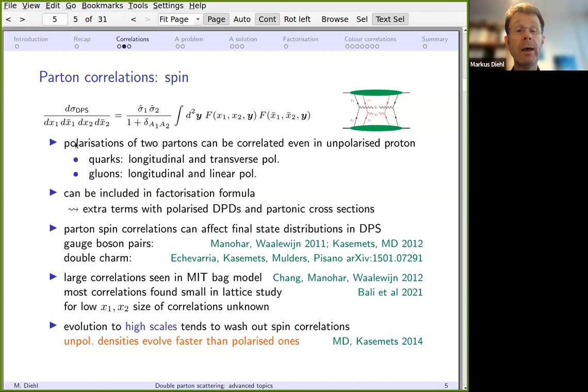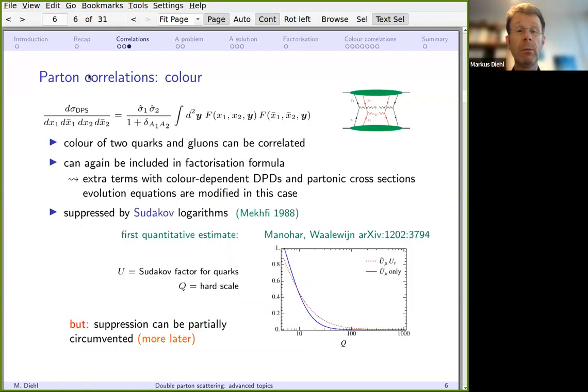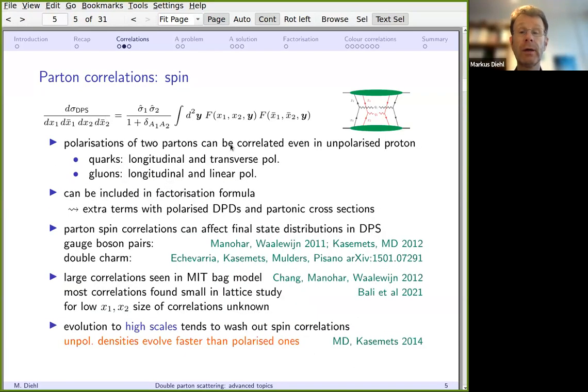Yes, so I can rewrite the statement of longitudinal and linear polarization for the gluons in terms of helicities. Then longitudinal means you have the same helicities on the two parton operators, or the two parton legs, and you look for the difference of both helicities being positive or both being negative. And the linear polarization corresponds to the helicity flip, where you would have a positive helicity here and a negative helicity there with a helicity difference of 2 units.